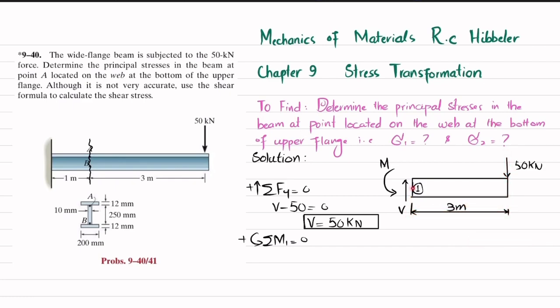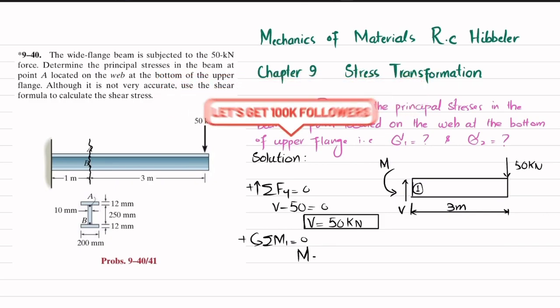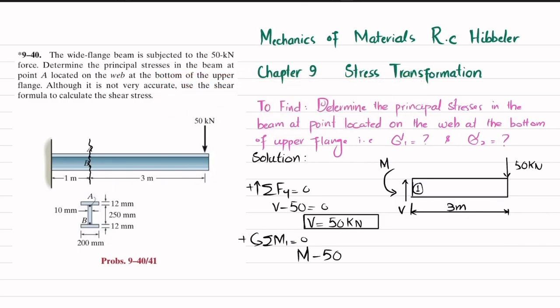The second moment about point 1 is this counterclockwise moment, which is the reaction moment. Their sum must be equal to 0. So M, counterclockwise positive, minus 50 into perpendicular distance 3 is equal to 0. From here we get the moment equal to 150 kilonewton meter.